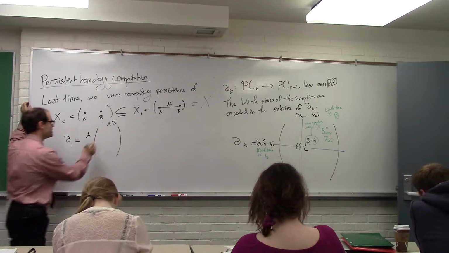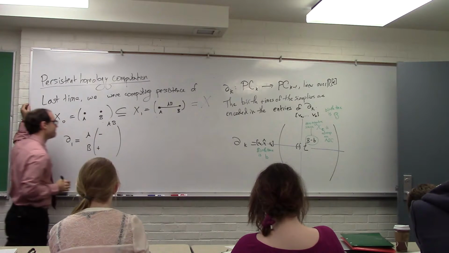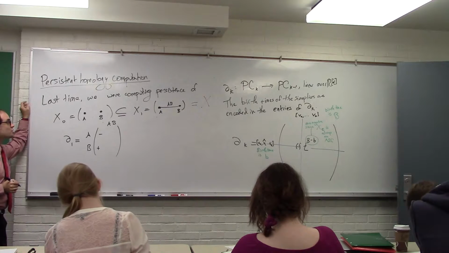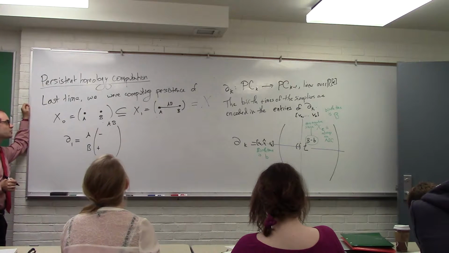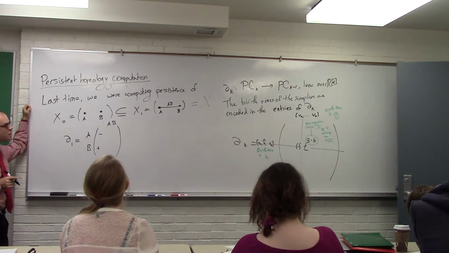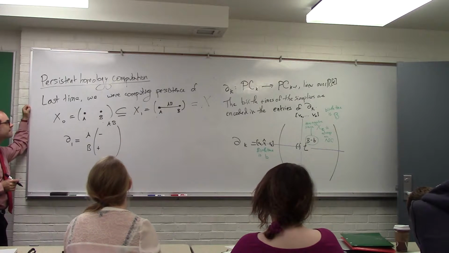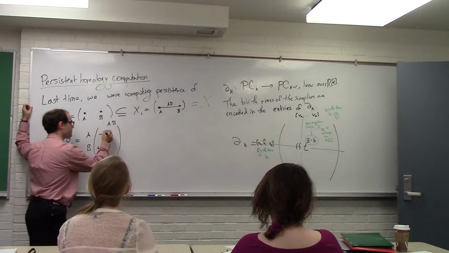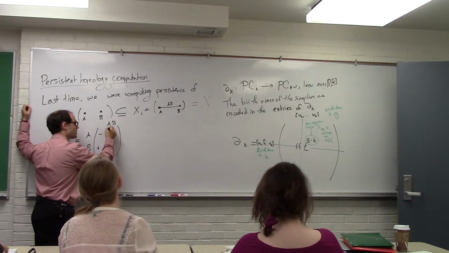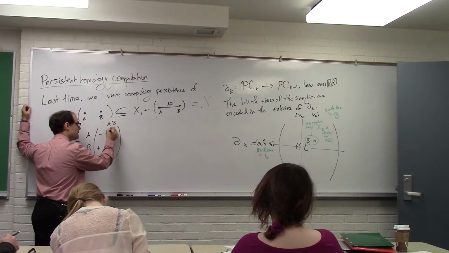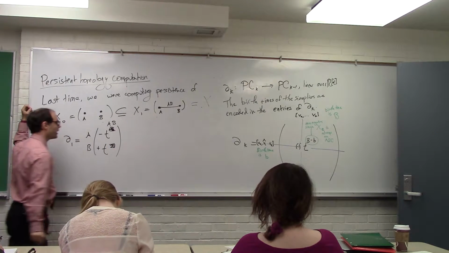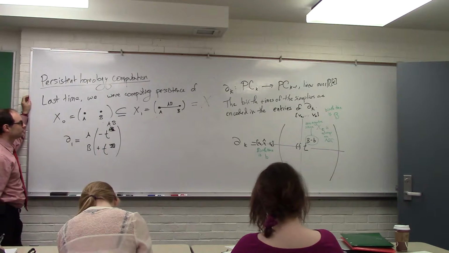Well, as before, I can easily supply the signs. And what should I put in as the rest of the expression in those entries? T to the 1. What goes here? What goes there?